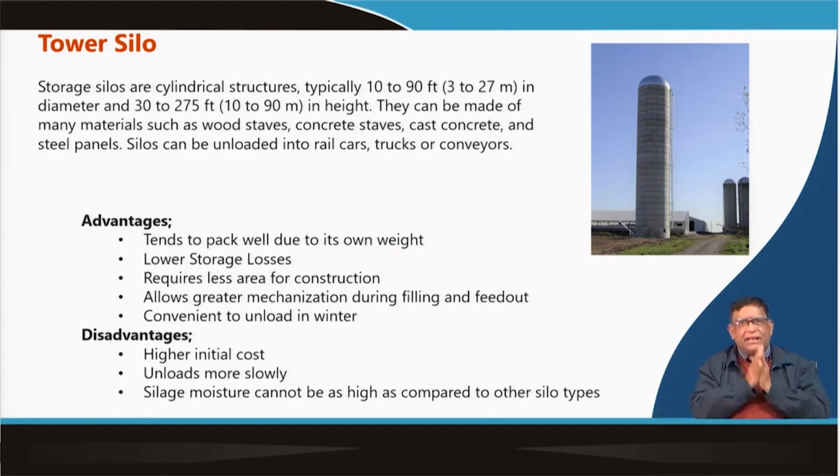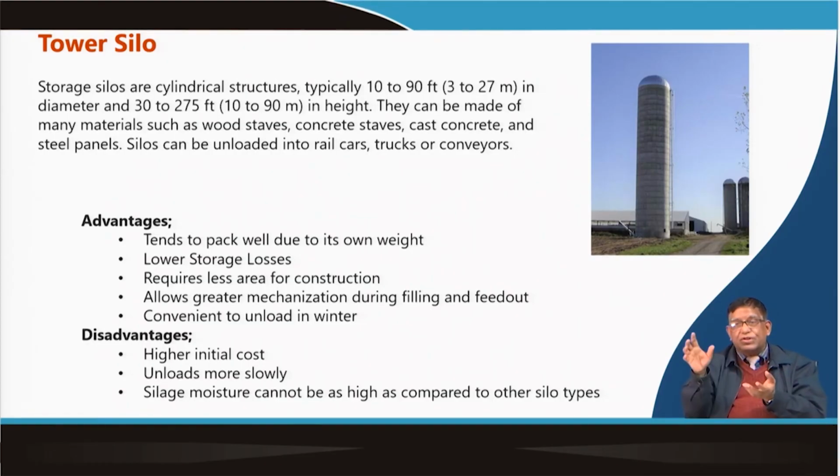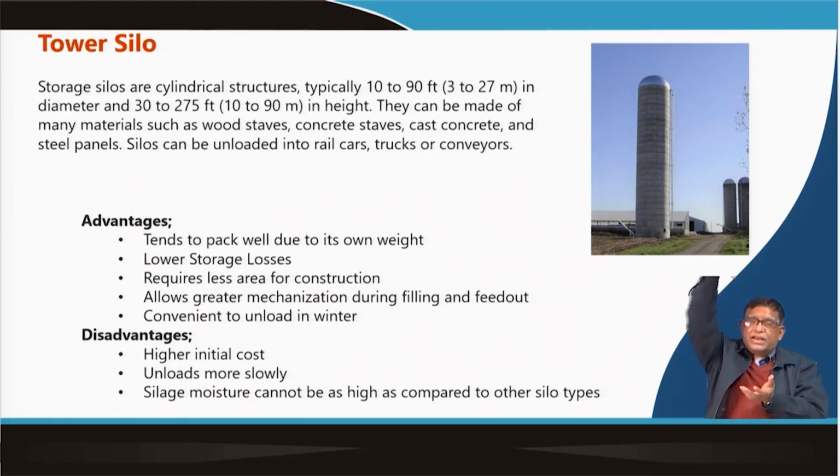But the thing is, when you use a silo, their main advantage is that it gets well packed. When you are putting things over there, it will get packed automatically by itself. But if you make a very high pack, then what will happen? The compaction level at the bottom will be much more, it can be very hard sometimes. That is why Eurosilo, that Netherlands company, when they make a silo, the material will be put inside and there will be a stacker inside.